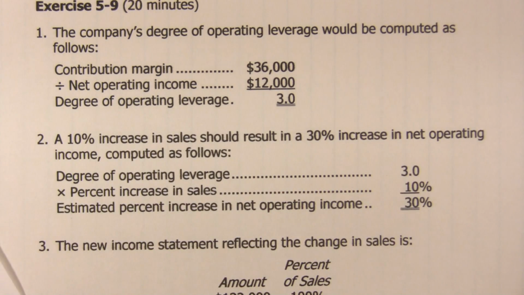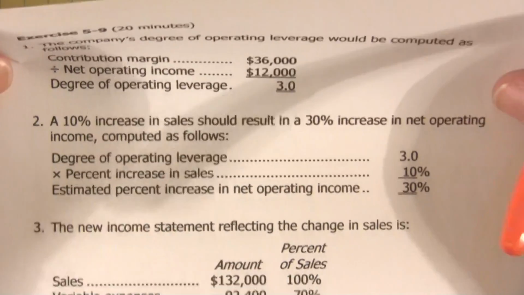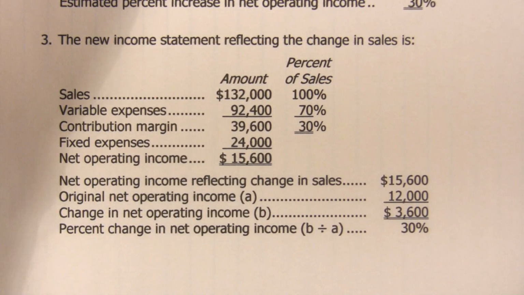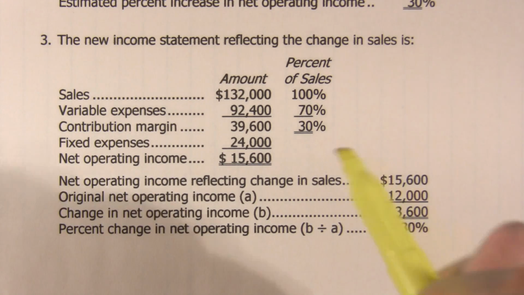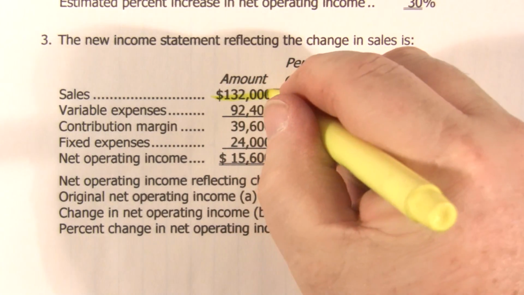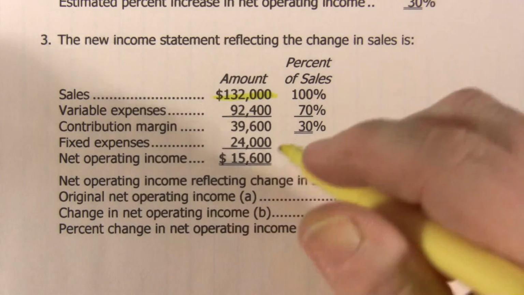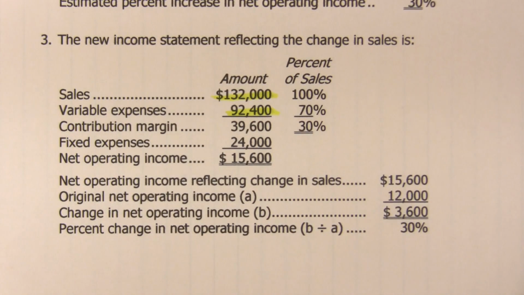Of course, the book says, oh, no, we want to see that in detail. Well, there it is in detail. And by God, look what happens. We increase sales by 10%, so that's 132,000. If we increase our sales, our variable expenses have to go up by the same amount, by 10%.